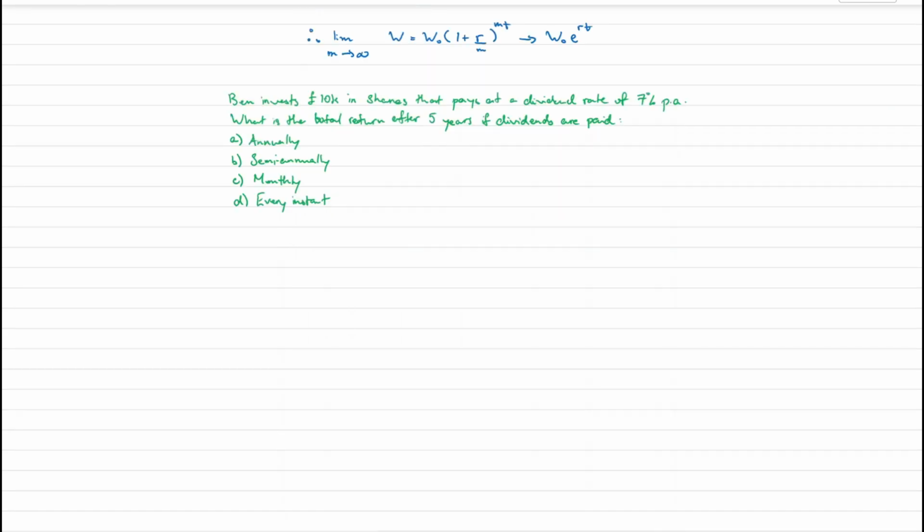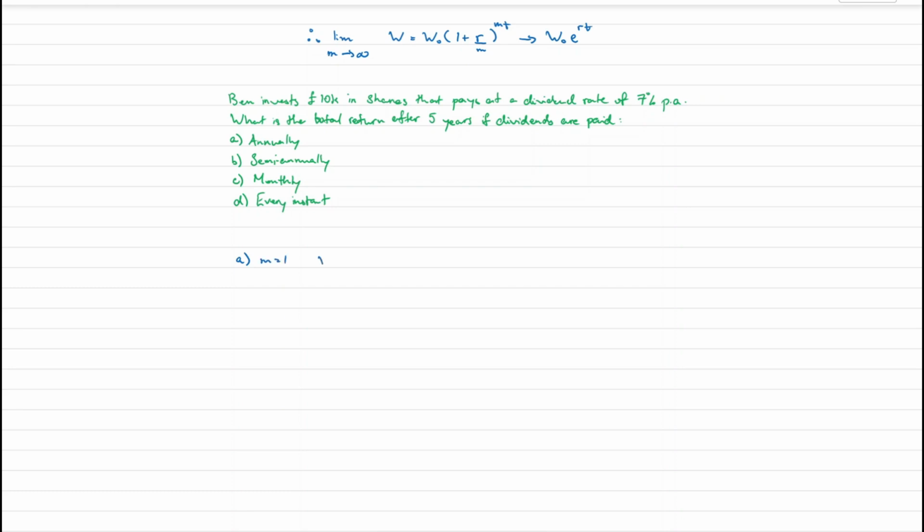So Ben invests £10,000 in shares that pays at a dividend rate of 7% per annum. What is the total return after 5 years if dividends are paid annually, semi-annually, monthly, and every instant? So for the first part, hopefully you can see that m is equal to 1 because dividend is paid once a year.